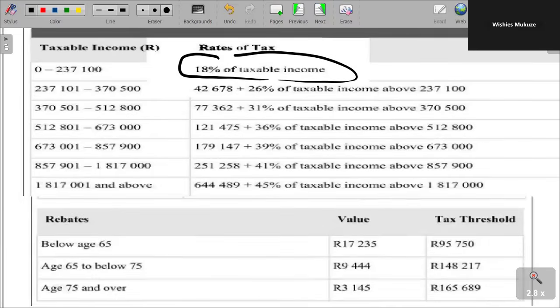All this information is given in the question. The rebate is also given for below age 65, and we are given a 17,000 tax threshold.